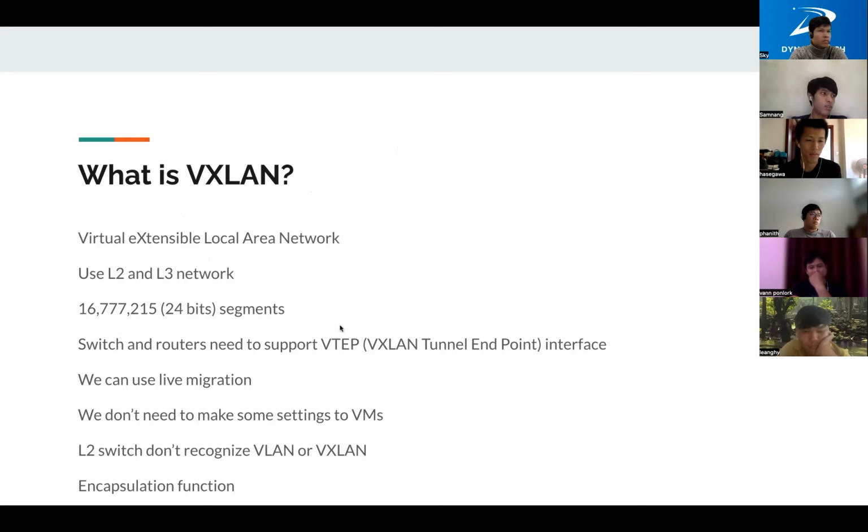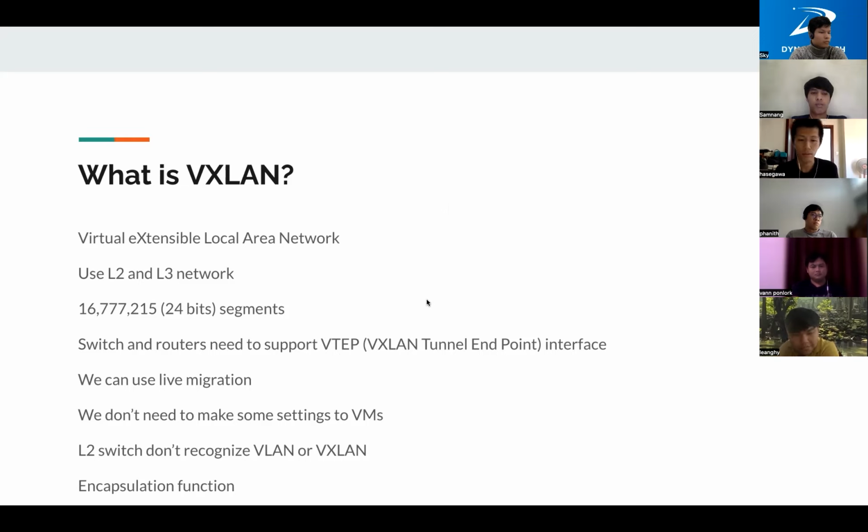It supports 16 million segments, so it can support a lot of network devices and big companies, big data centers. Using VXLAN, switches and routers need to support the VTEP interface.